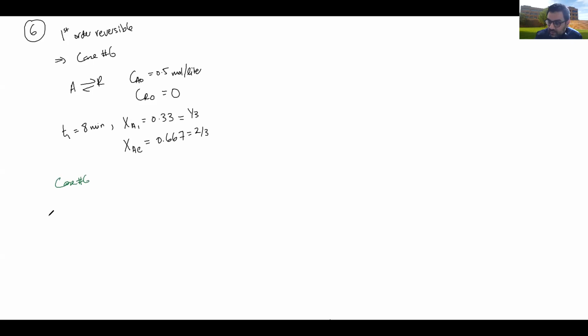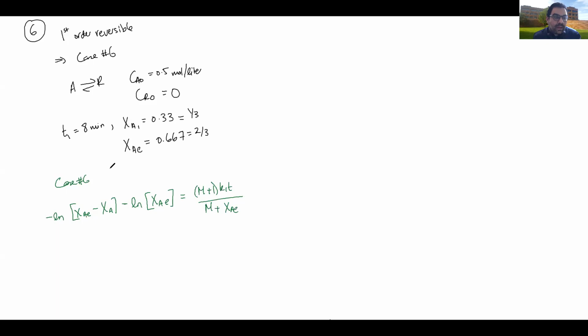The performance equation is basically minus ln (XAE minus XA) over XAE is equal to (M plus 1) K1 T divided by (M plus XAE).